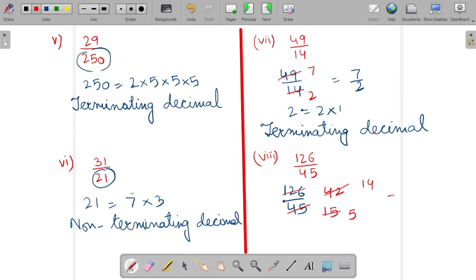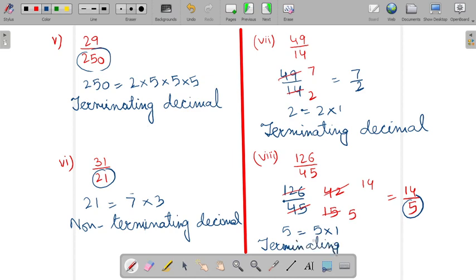So what will you get? 14 upon 5. Now we will observe the denominator. Here the denominator is 5. So tell me whether it is terminating or non-terminating. Since it is 5, it is terminating.